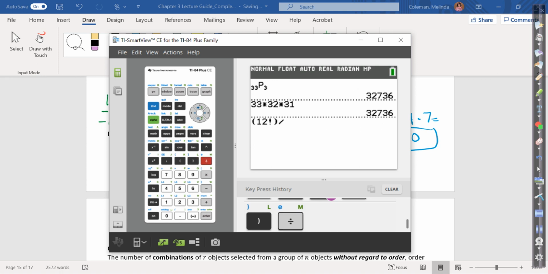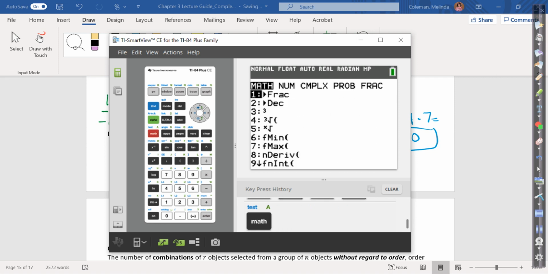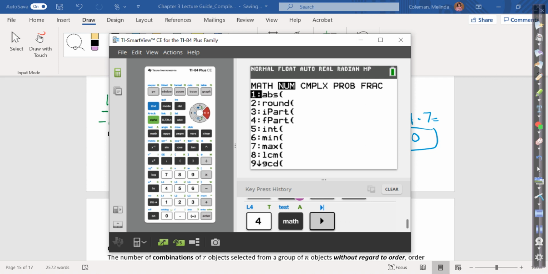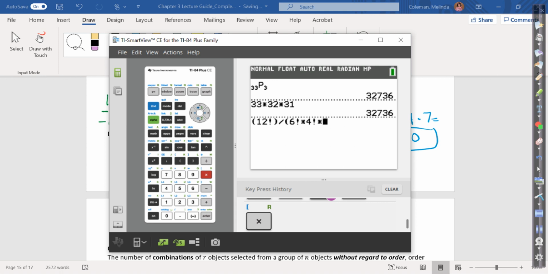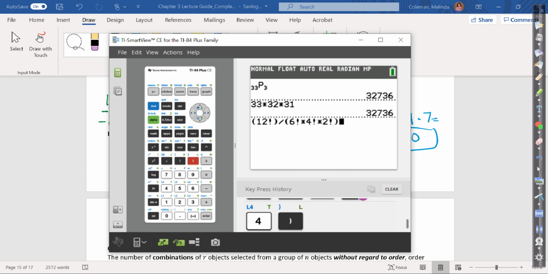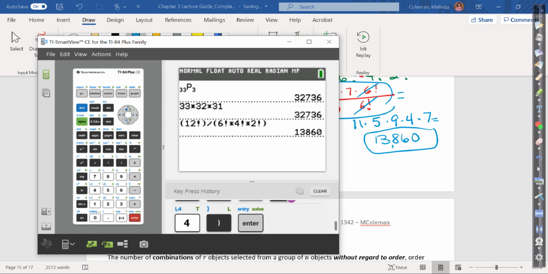Divided by, and then I have 6 factorial: 6, math, probability 4, times 4, math, over to probability number 4, times 2, math, over to probability number 4, and then close my parentheses and hit enter, and I do indeed get the 13,860 ways.